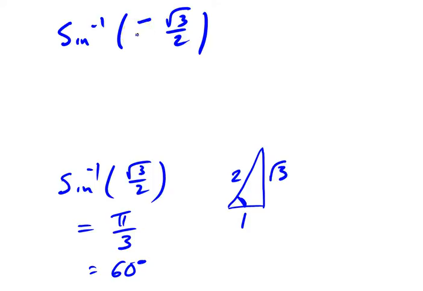Well, the minus sign indicates to me that I'm not dealing with just a first quadrant angle. It's somewhere out in one of the other quadrants. And so rather than thinking opposite over hypotenuse, which is what sine uses, I have that alternative definition where the sine is the y coordinate divided by r.